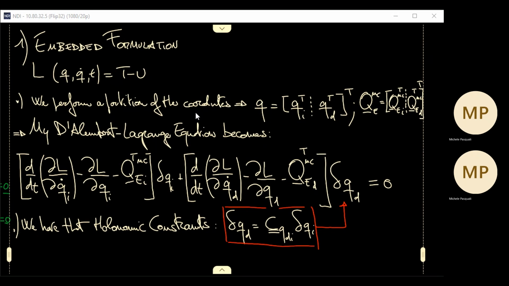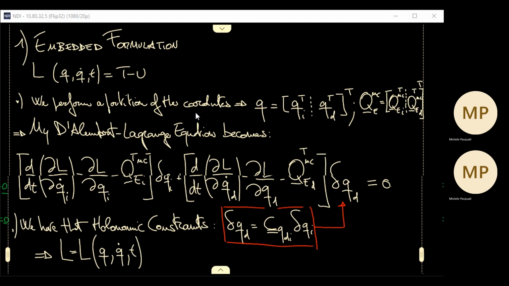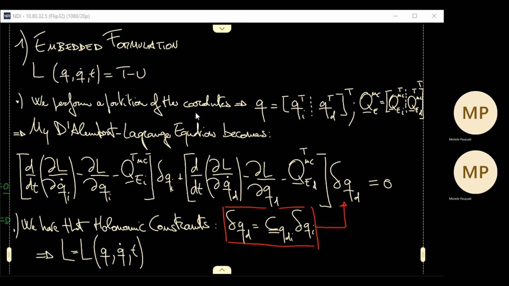But if this is true, we also have another implication, which is the following. If our Lagrangian function is typically, as we have said before, a function of the Q, Q dot, and time, well, if we have this relationship between independent and dependent coordinates, then this dependence can also be written as such.